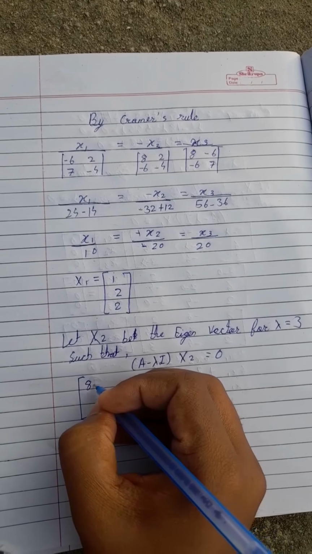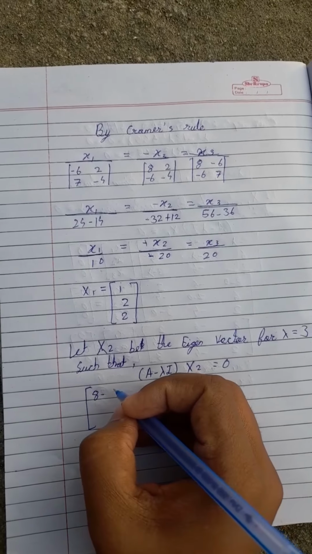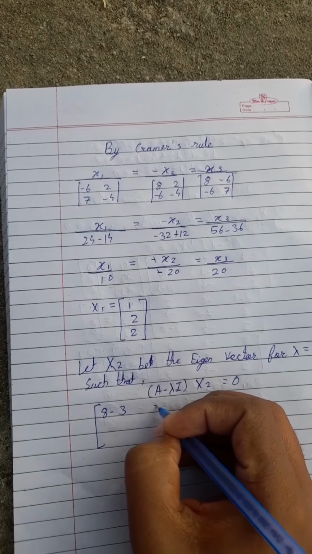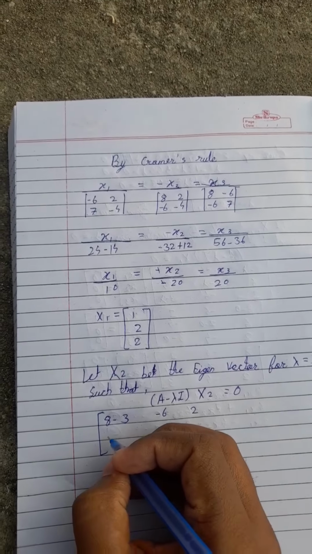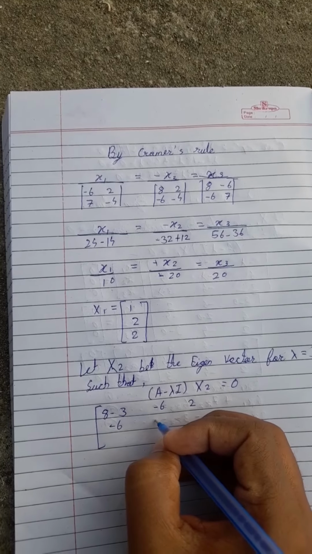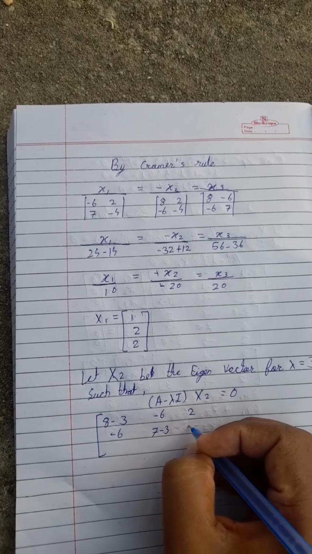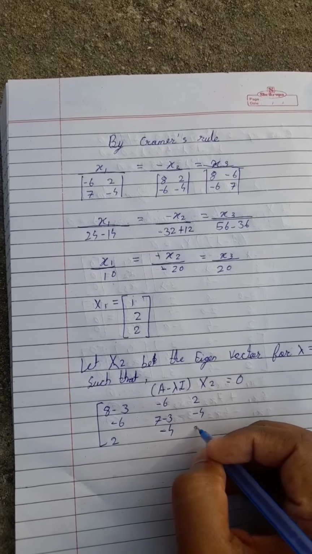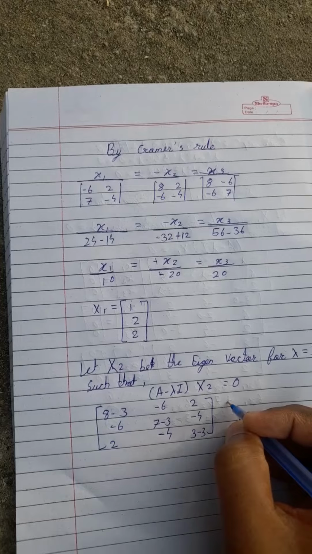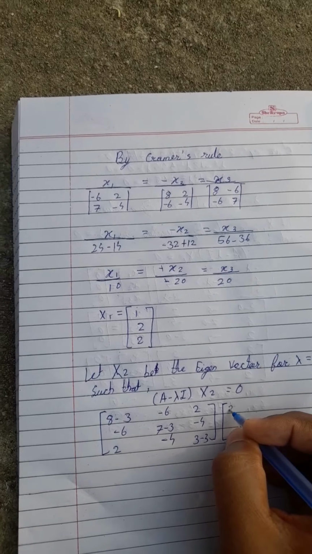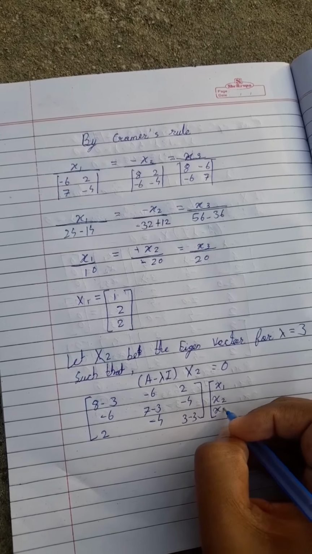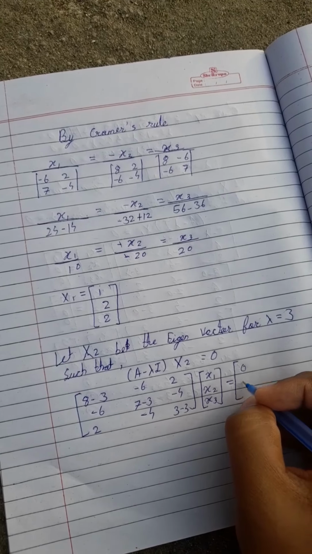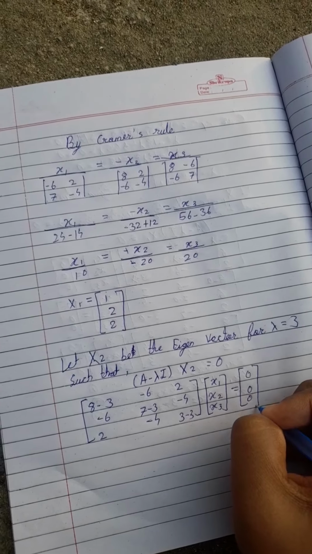Here I am directly going to write the eigenvalue in the place of lambda, so it becomes 8 minus 3, minus 6, 2, minus 6, 7 minus 3, minus 4, 2, minus 4, and 3 minus 3, into x1, x2, x3, equated with 0.